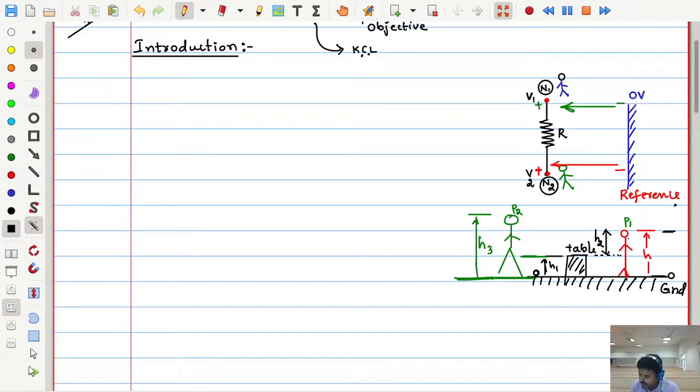So if I take the same reference for both persons, what is that reference? 0 reference. Then it is easy to say that this person is at a height of h3 and this person is at a height of h. So I can say who is at a higher height, who is taller. So this kind of analogy is helpful in understanding the nodal analysis.